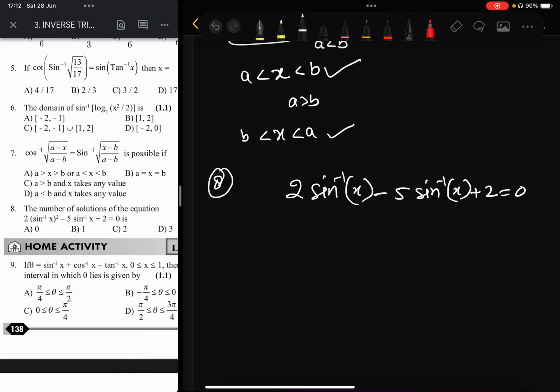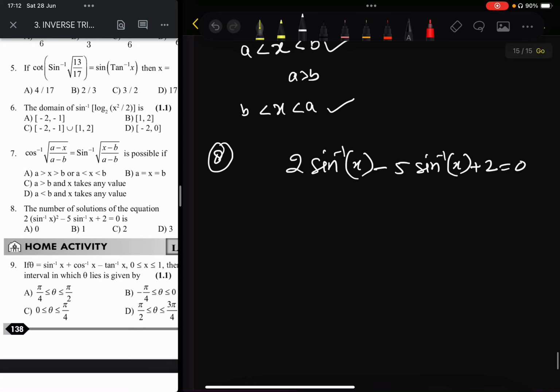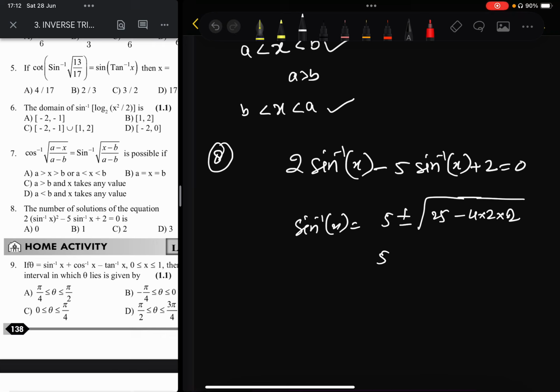Now we can also factorize this, because we need to find the number of solutions. If we factorize this, we get sine inverse x equals 5 plus minus root of (25 minus 4 times 2 times 2, that is 16), that is 9, divided by 2 times 2, that is 4.